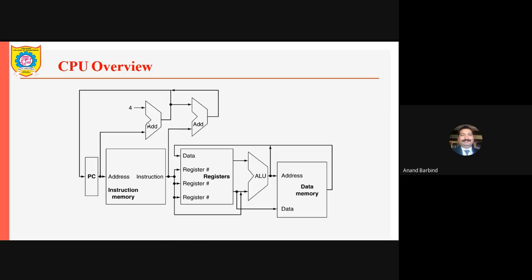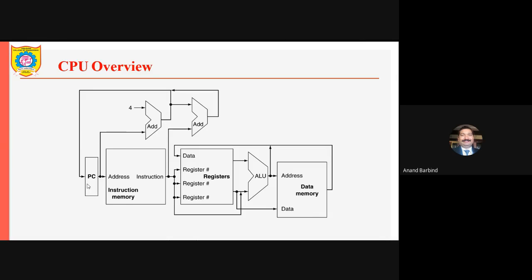But when some instruction is a branching instruction, either some instructions are to be skipped or the execution is to be taken back to some previous instruction. In that case, either a positive number or negative number is added to the current address, and that address is then taken into the PC register.